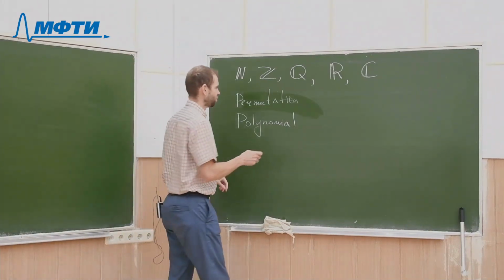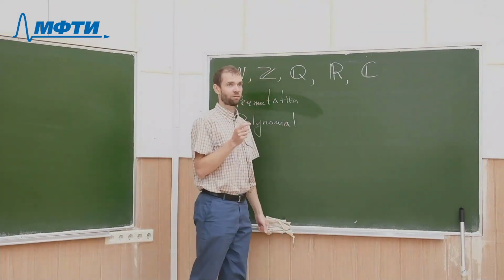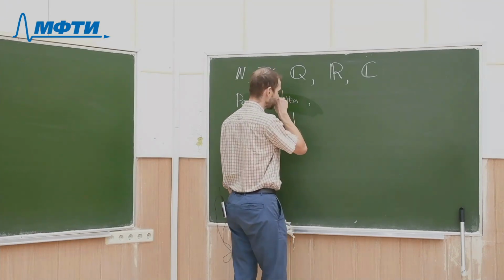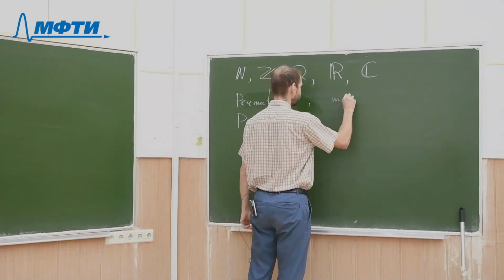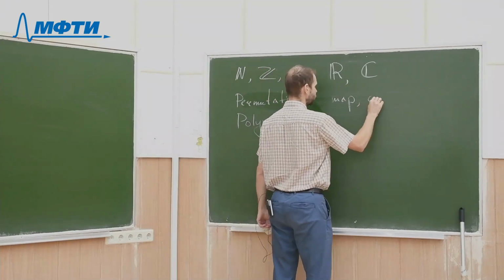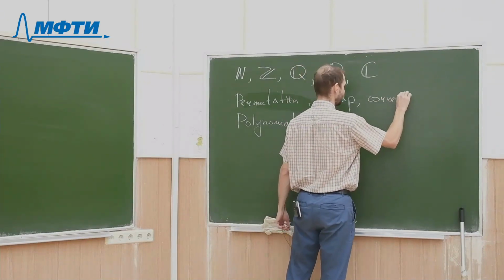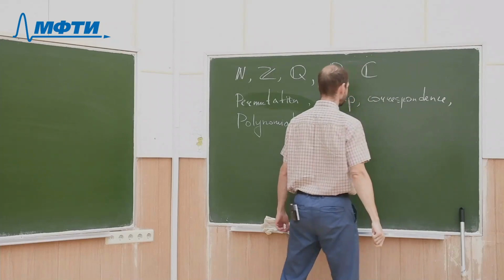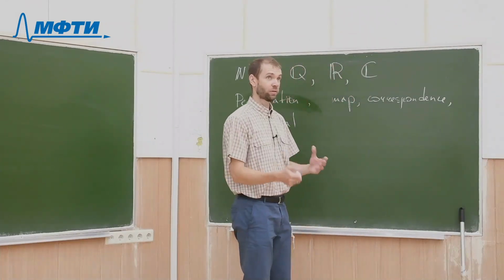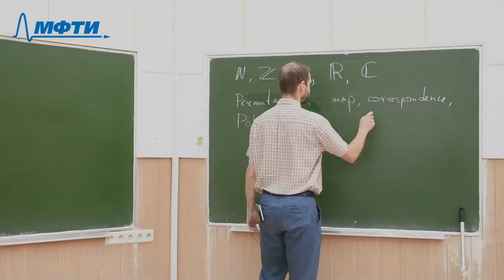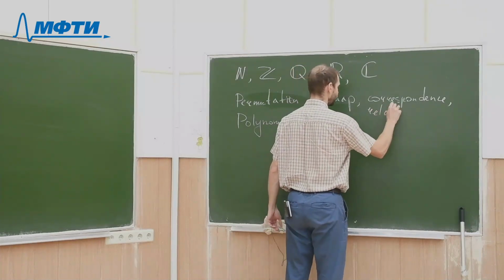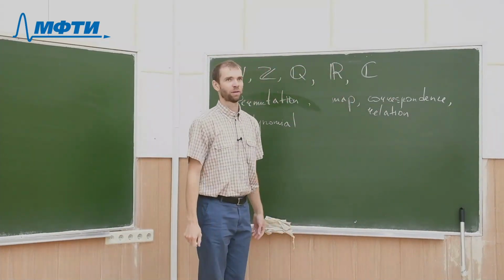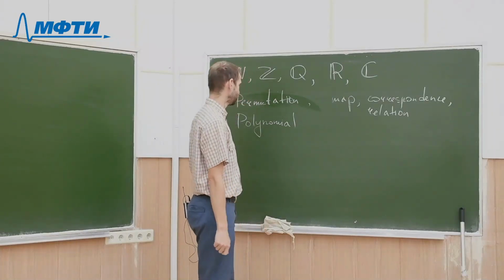So this definition of permutation involves some other definitions that we also need to remember, like definition of a map, definition of a correspondence, definition of a relation, okay? So we also will need probably all these as well.